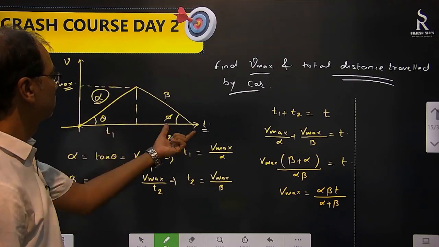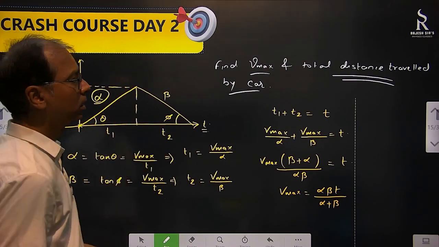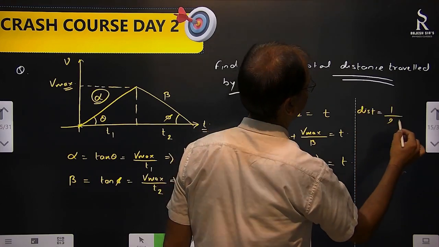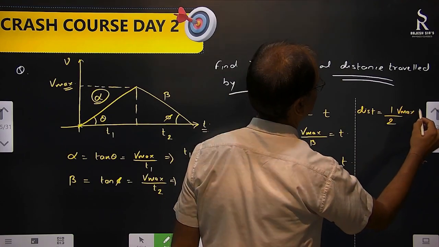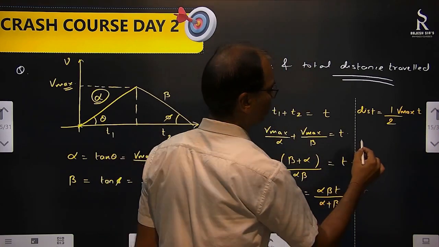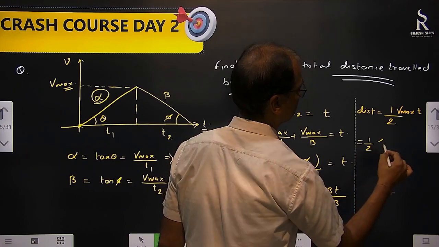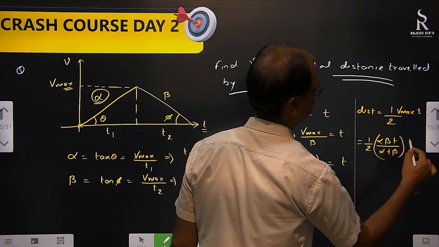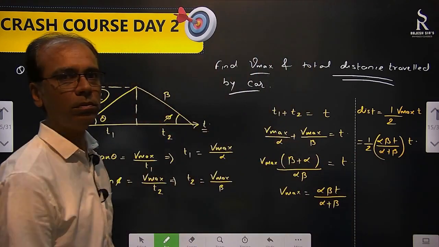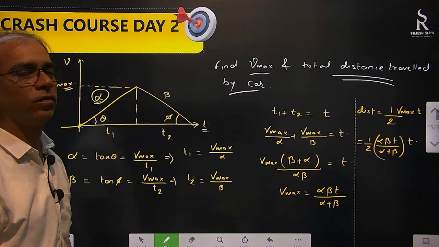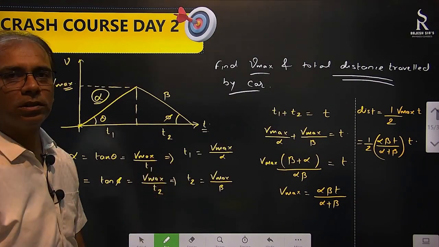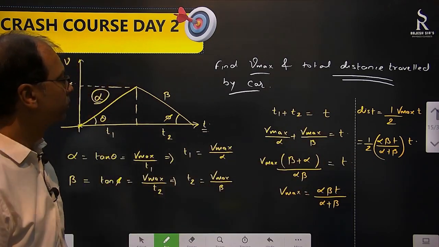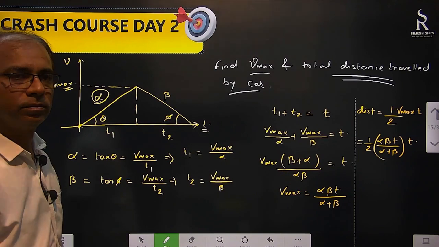Base is T1 plus T2, that means T. So distance is half V max into T. Put the V max value: 1 by 2 into alpha beta T by alpha plus beta into T. Finished. Alpha beta T square by 2 into alpha plus beta. That's the distance. This is how maximum velocity and distance are calculated. Clear with the graph?